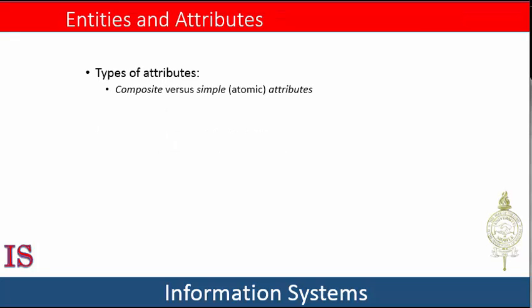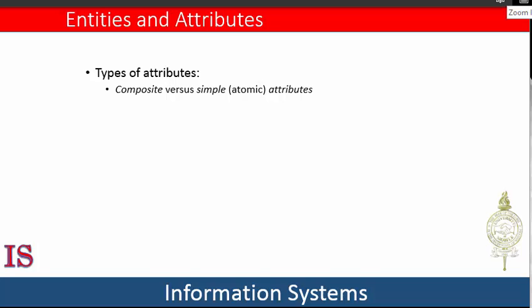Composite attributes can be divided into smaller subparts, which represent more basic attributes with independent meanings. For example, the address attribute of the employee entity can be subdivided into street address, city, state, and zip.